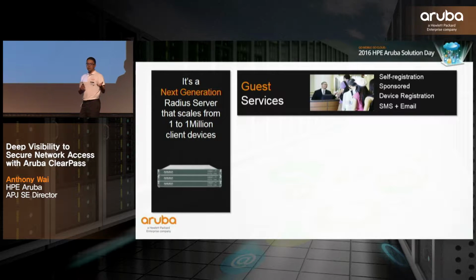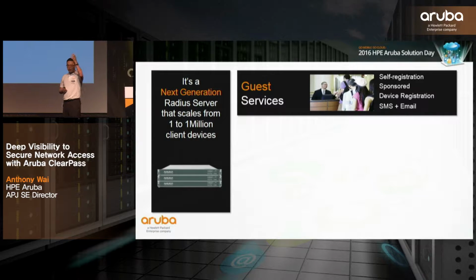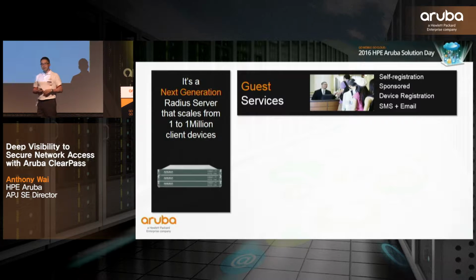Say I come to the hotel and check in, and the first thing I want to do is some work on my laptop, so I want to access the hotel Wi-Fi. That's the guest portal we offer in ClearPass, called guest services. It can be a self-service portal accepting the terms and conditions, or you need to log in with your room number and last name. It depends how you set it up.